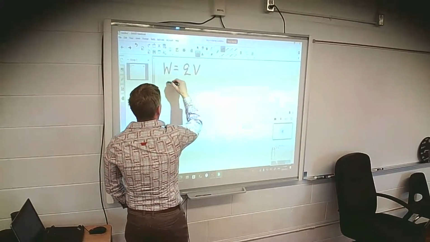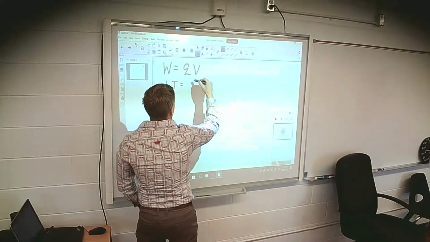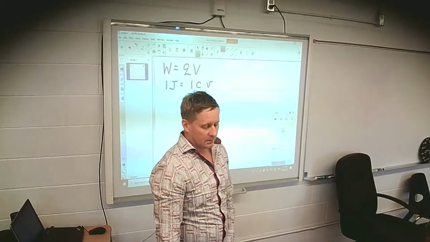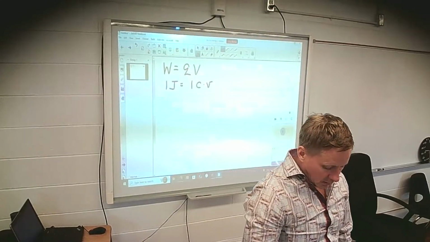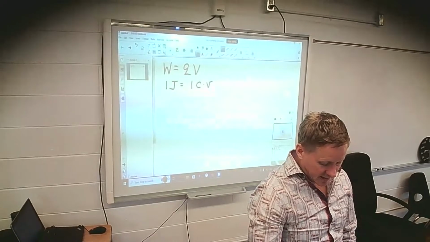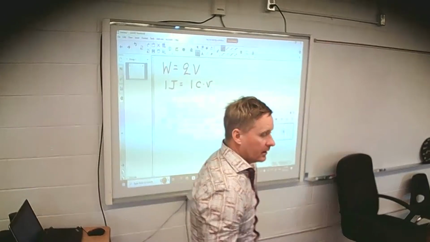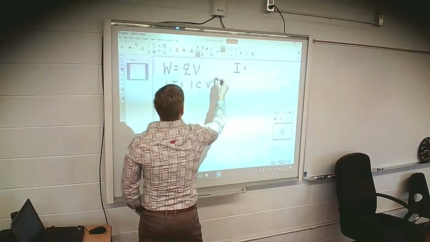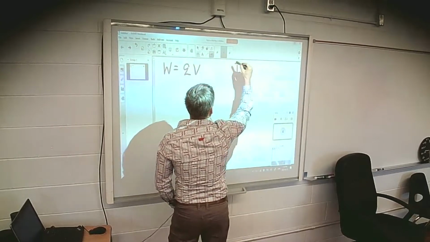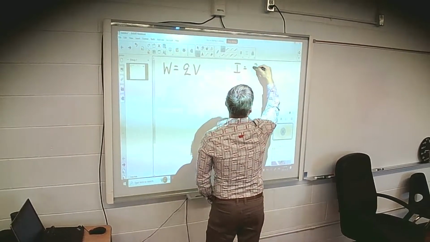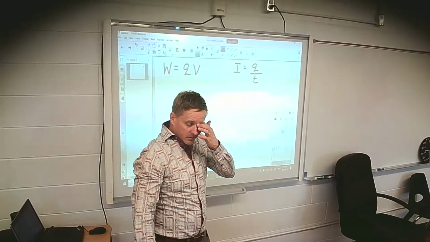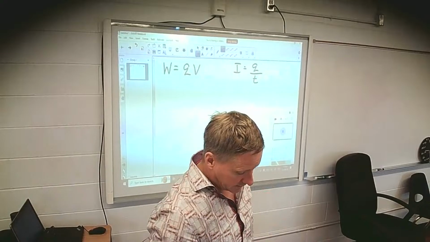So 1 joule is 1 coulomb volt. 1 coulomb of charge transferred in 1 second constitutes 1 ampere. So we work in current now, and we are going to join a bunch of equations together to see where they start and how we get to them.